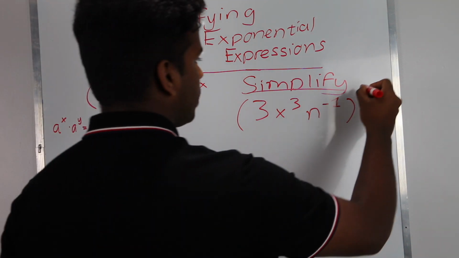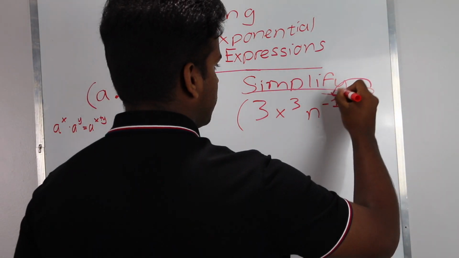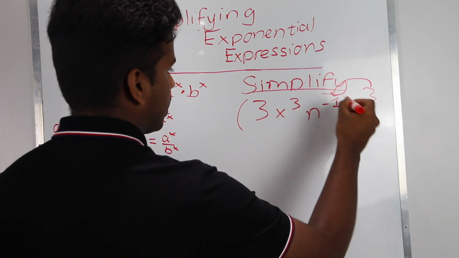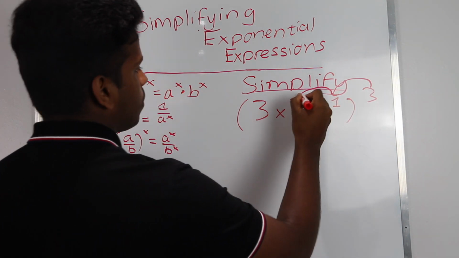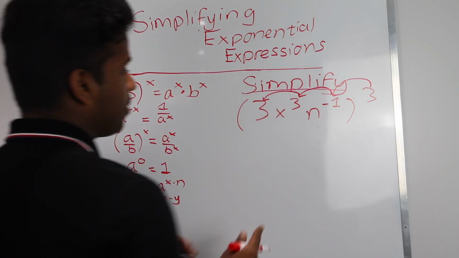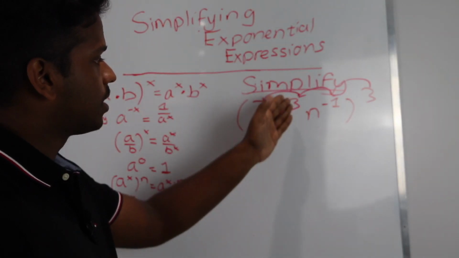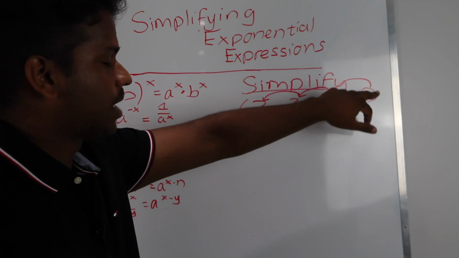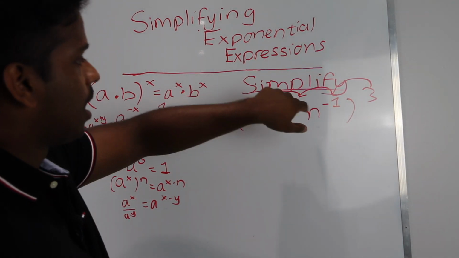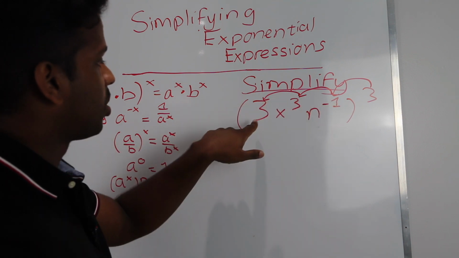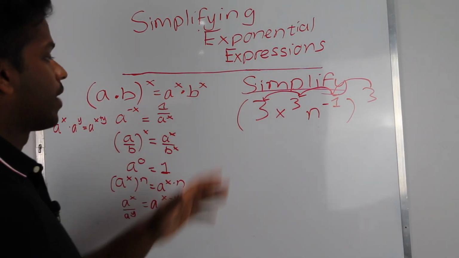Now we are distributing the exponent on the outside of the bracket to each of the bases inside. And remember, we should also consider this number here, because many people just distribute the exponent to the unknown bases. We forget about the coefficient here, so we shouldn't forget about that.